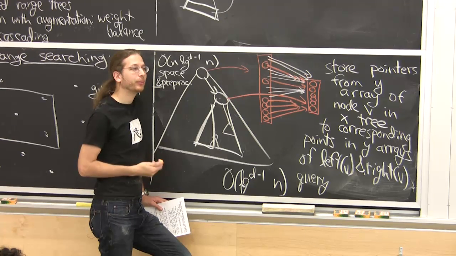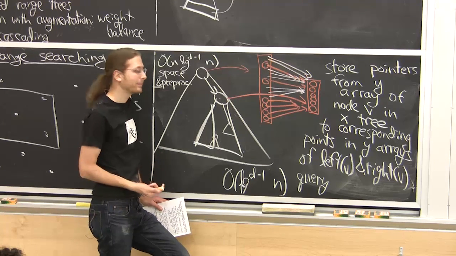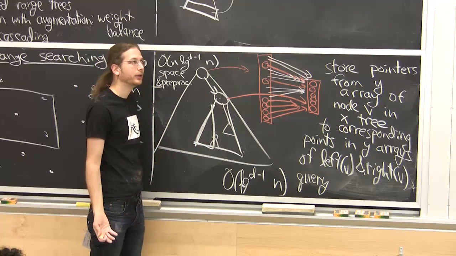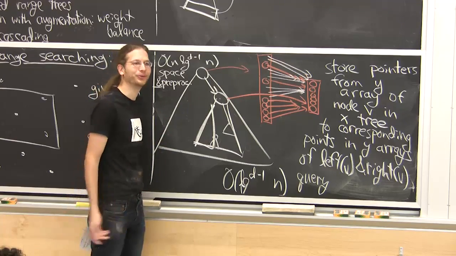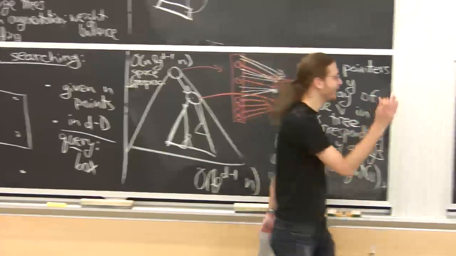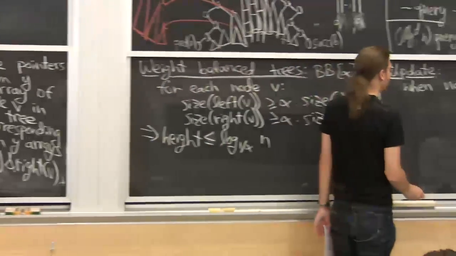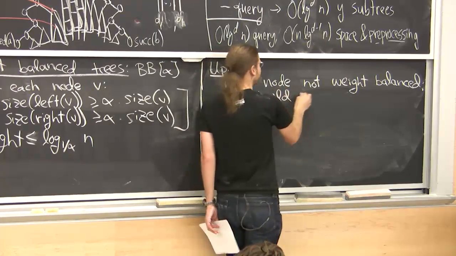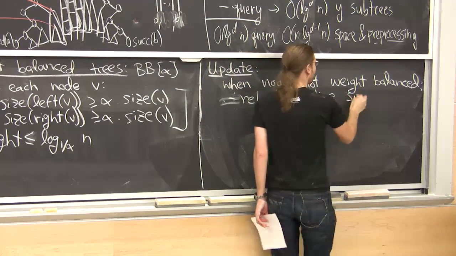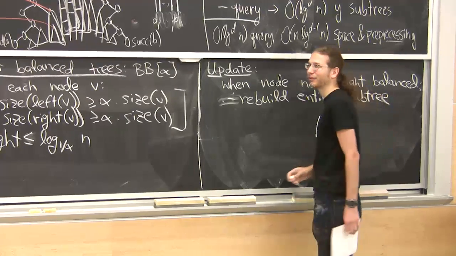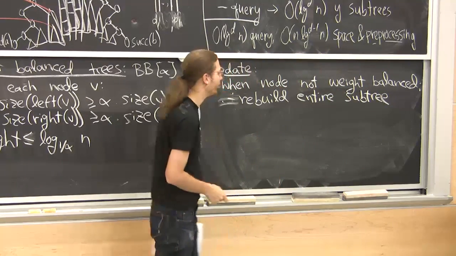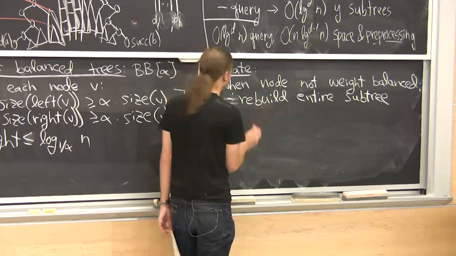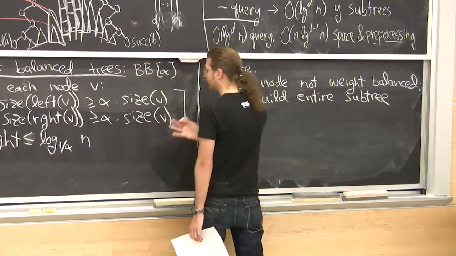How long before it gets unbalanced again? A long time. If I start with a 1/2 split and then have to get to an alpha, 1 minus alpha split, a lot of nodes had to move from one side to the other. I guess it's like a half minus alpha fraction had to move. Half minus alpha times the size of the subtree had to be inserted or deleted, or maybe half of that. Some constant fraction. I don't really care. Alpha is a constant.